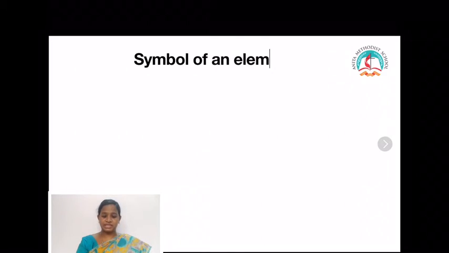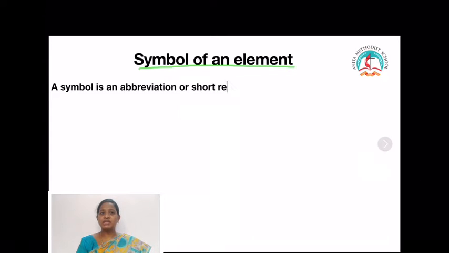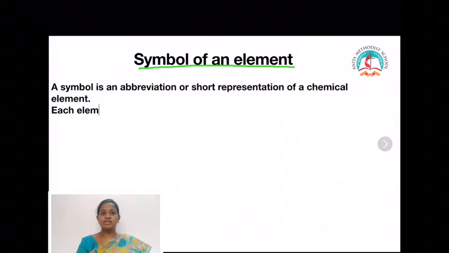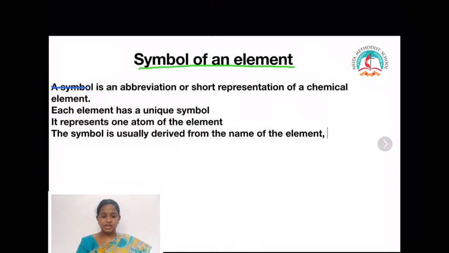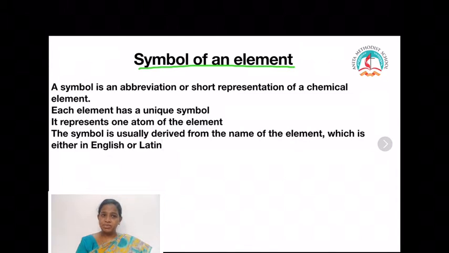Symbol of an element. What strikes your mind when I say symbol? A symbol is a symbolic representation of an object or anything. A symbol is an abbreviation or short representation of a chemical element.